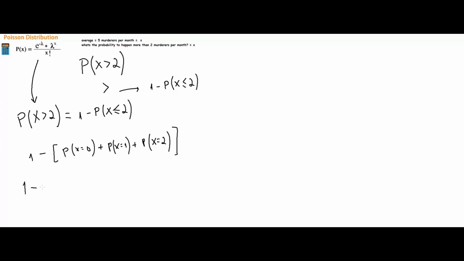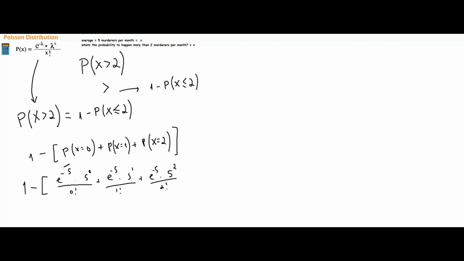So it's 1 minus the probability: Euler to the minus lambda, where lambda represents the 5 murders, the average, multiplying 5 to the power of x, in that case 0, divided by 0 factorial, plus Euler to the power of minus 5 multiplying 5 to the power of 1 divided by 1 factorial, plus Euler to the power of minus 5 multiplying 5 to the power of 2 divided by 2 factorial.